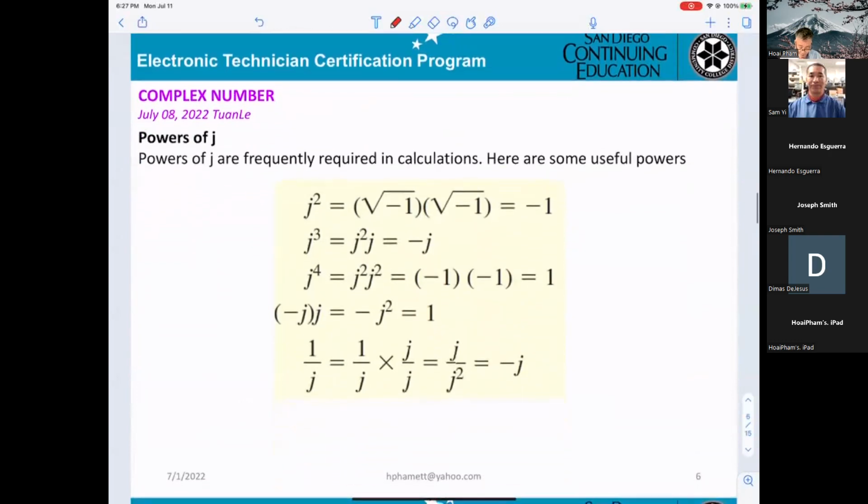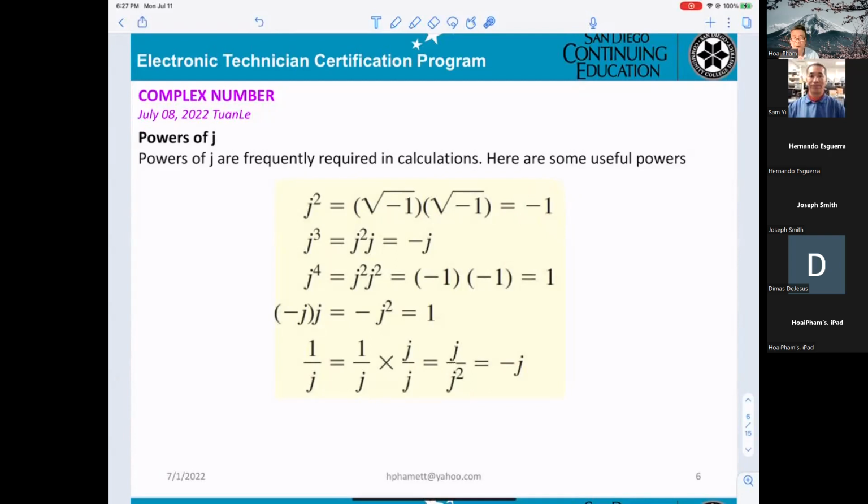Okay, now powers of J. Powers of J are frequently required in calculations. Here are some useful powers. J squared means taking the square root of minus 1 times the square root of minus 1, you get minus 1.